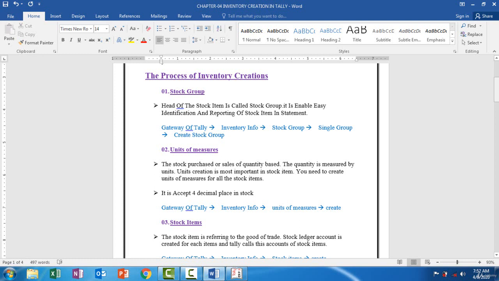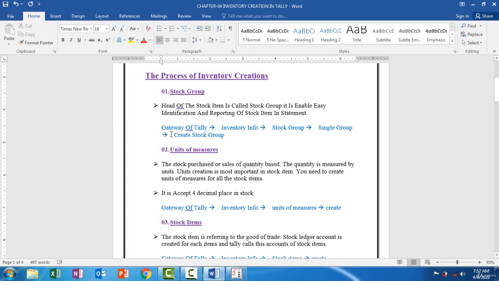A stock group means the head of the stock items. For example, if the company has electronic items, under electronic items there are heater, iron box, bulb, and also wire or something like that. So the stock group is electronic items. The head of the stock items is called the stock group.